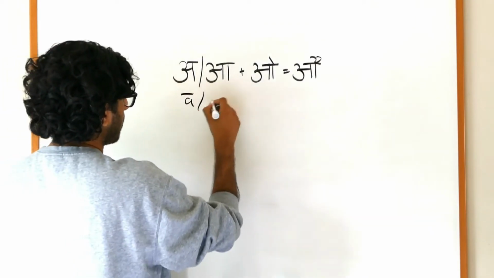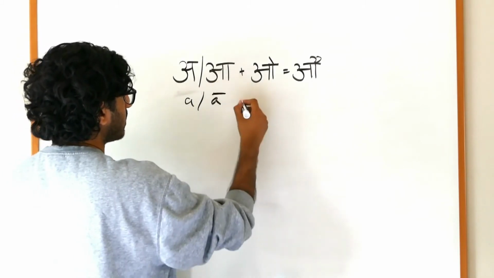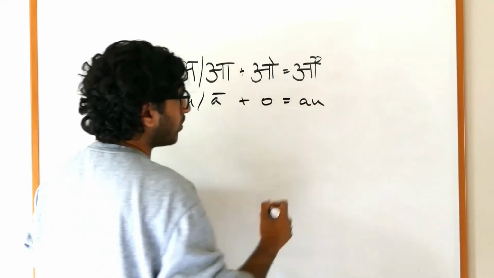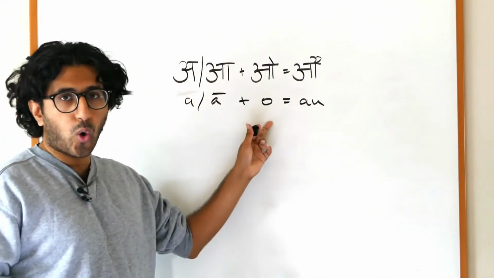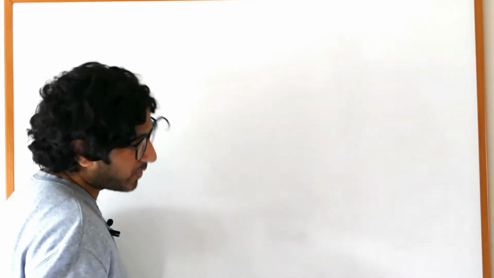A or ā plus O equals O. This is O, this is O. So the example for the Vṛddhi Sandhi of O, that is the formation of O, is as follows.